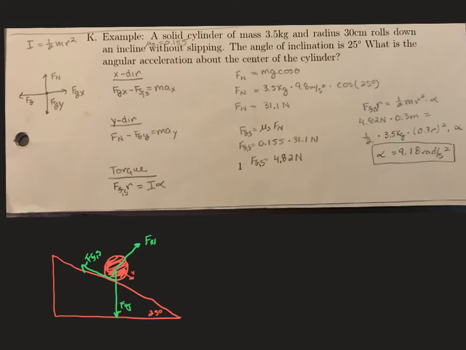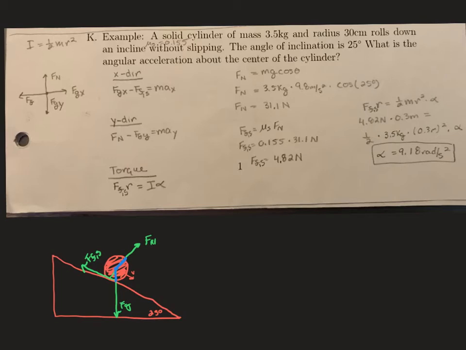Because if we look at the center of our circle, our lever arm essentially is the radius of the circle. So the force normal is parallel to the lever arm for the force normal. And the lever arm for the force of gravity is also along it, because it goes along essentially one of the radii out of the center from the rotation point. So the force normal and the force of gravity don't actually cause a torque.